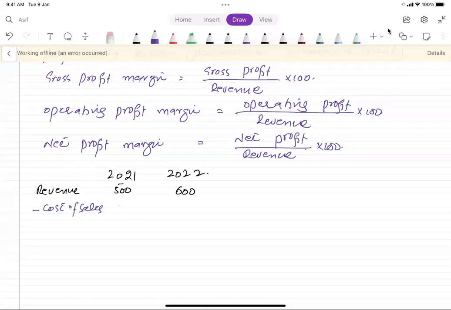In 2021 that was 200, that increased to 250. And we calculate gross profit from both. The gross profit is 300, and for 2022 this is 350. Okay.